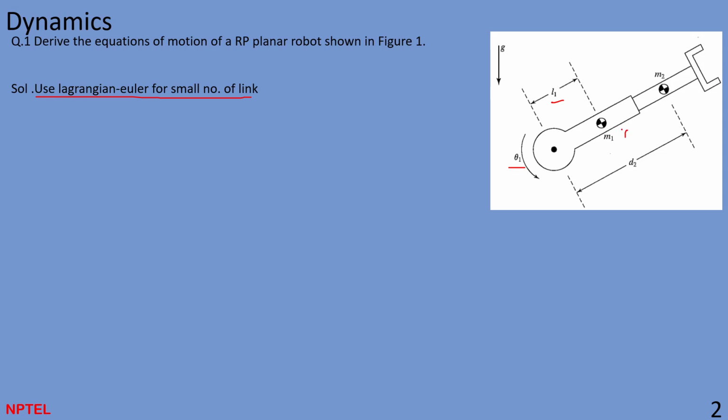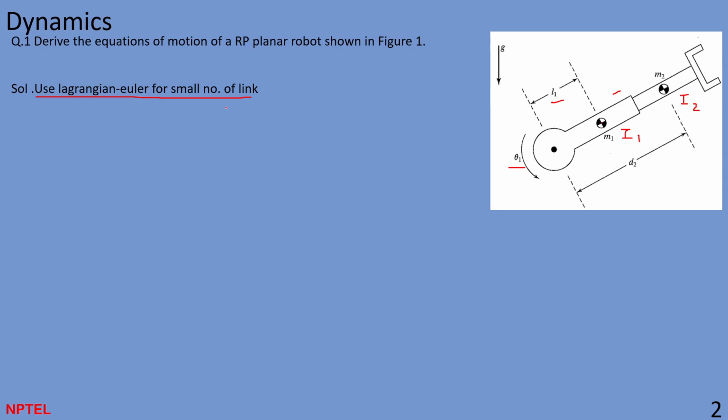There will be inertias I1, I2. These I1, I2 are the inertias along the center of mass, not with respect to this point. And for I2, this is the center of mass of the second link.